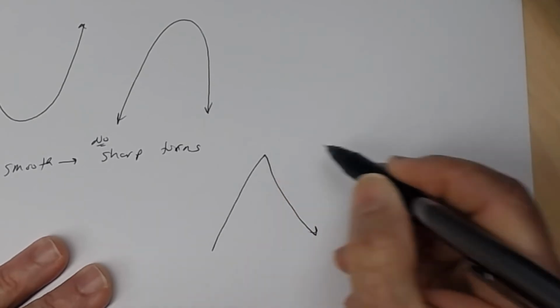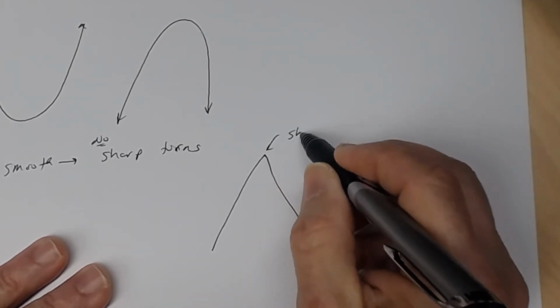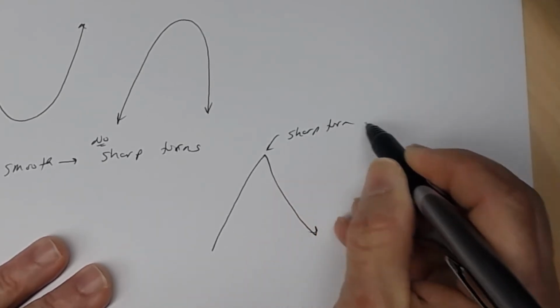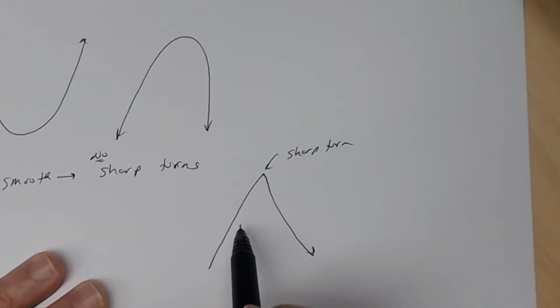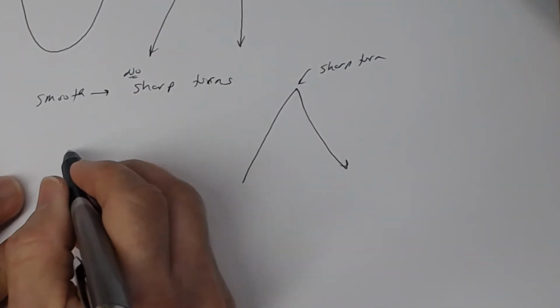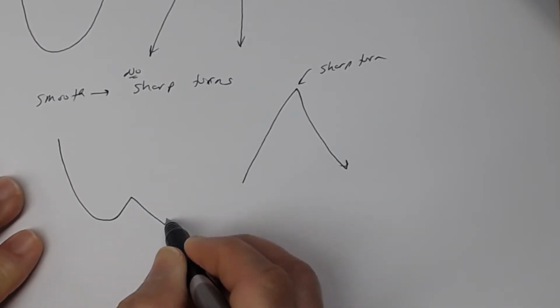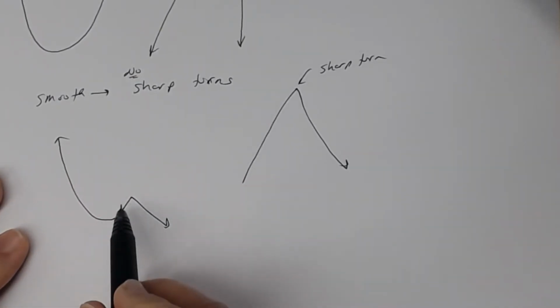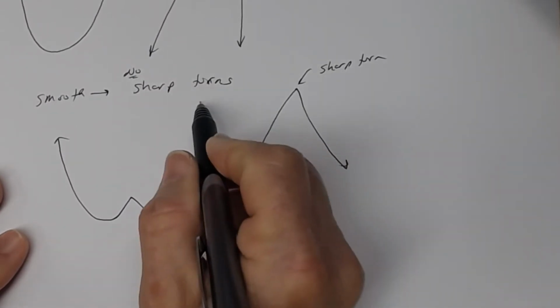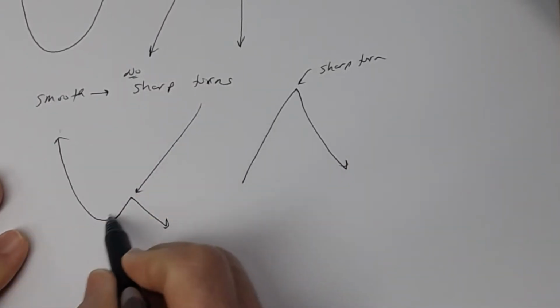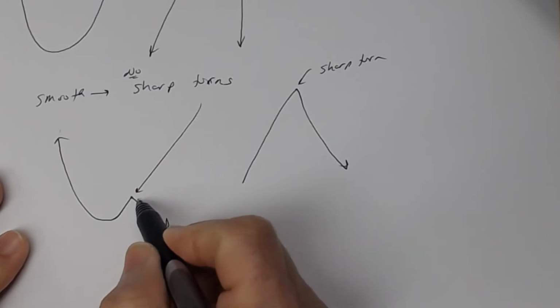Okay, see, right here I did a sharp turn. It's not smooth like this is. This is sharp. So these are sharp turns.